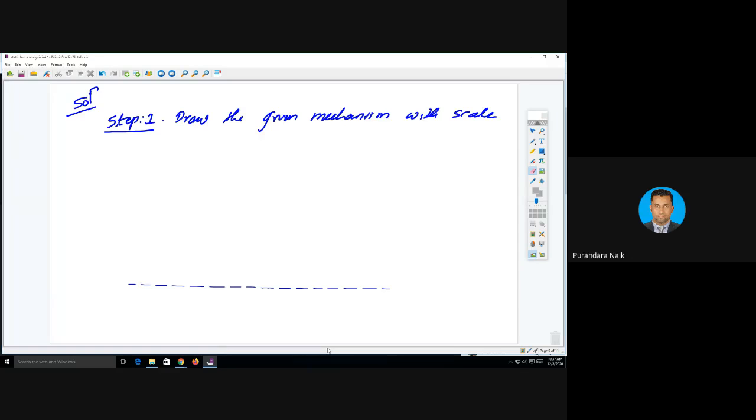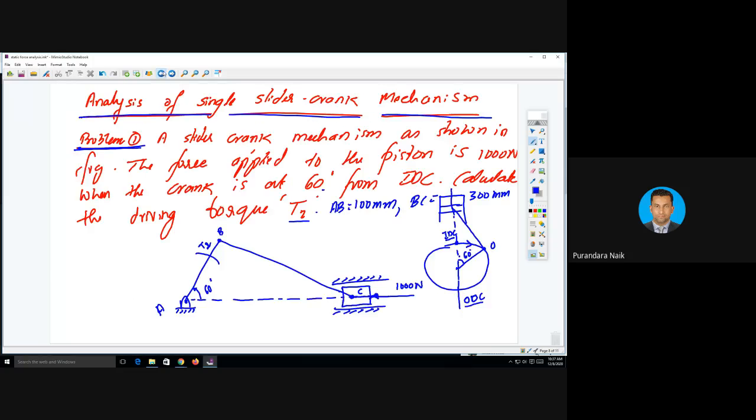Next, mark a point somewhere here. This point is A. AB length is 100 millimeter. You need to take a proper scale. Write down the scale. The maximum length is 300 millimeter, which means 30 centimeter.